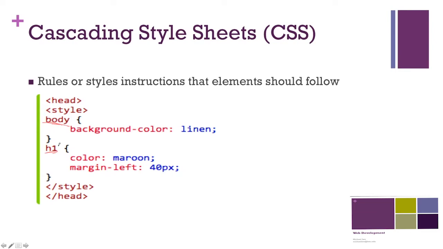One is for the body. Body means the entire HTML document, the body in the HTML structure. So this is applied to the entire body, and it says the background color should be this linear gradient. Another target is H1. These are properties, and this blue font is a value.